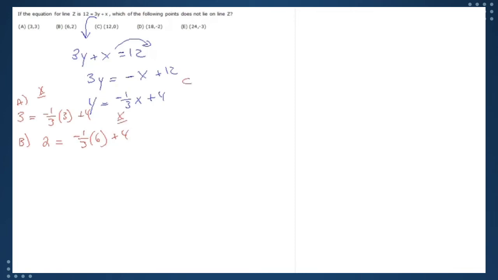Doing answer choice C, we have the y value being 0. So is 0 equal to negative 1/3 times 12 plus 4? We see that that ends up being 0, so 0 does equal 0. So now the answer is going to have to be D or E.